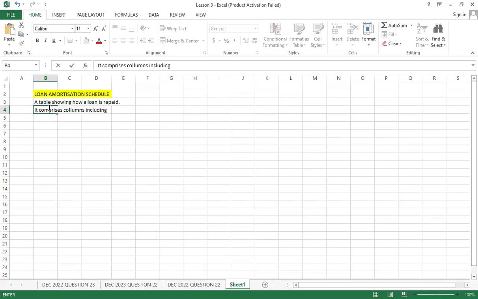One is the period, followed by the opening balance for the loan, followed by the interest payable on the loan, and then the monthly repayment, followed by the principal repayment, and lastly the closing balance.